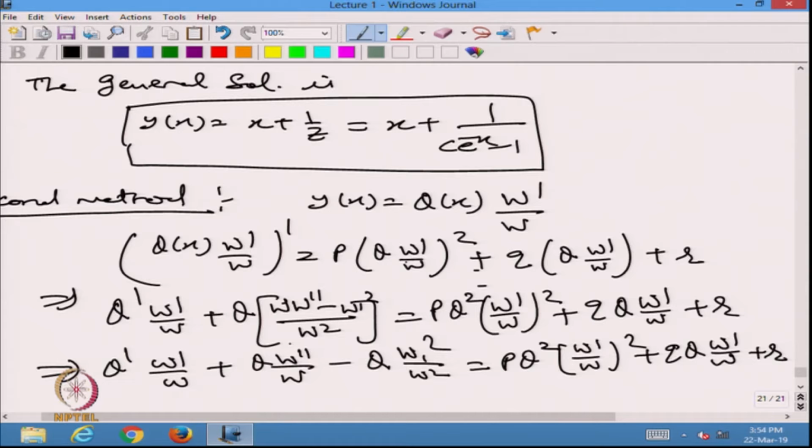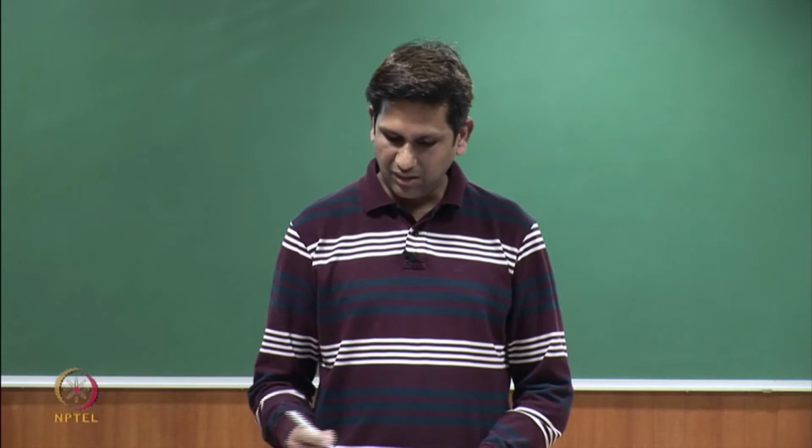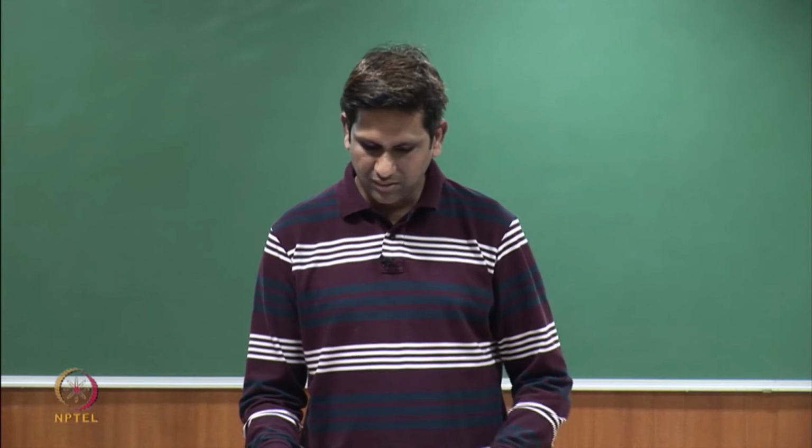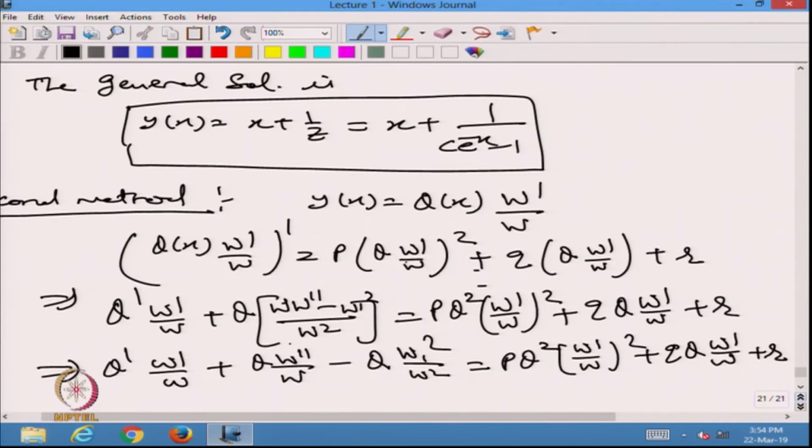We are left with these factors. If you see clearly, we are going toward a second order differential equation, but we want to reduce the factors, because the problem is that we have squares of w and w'.